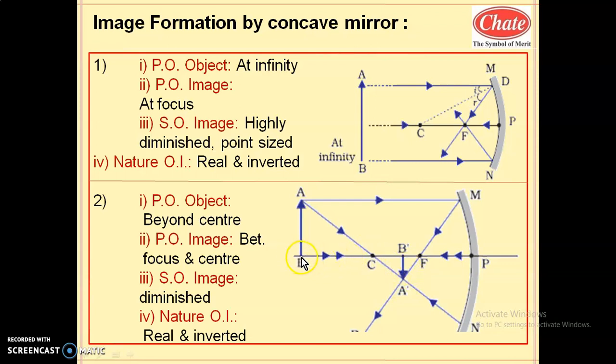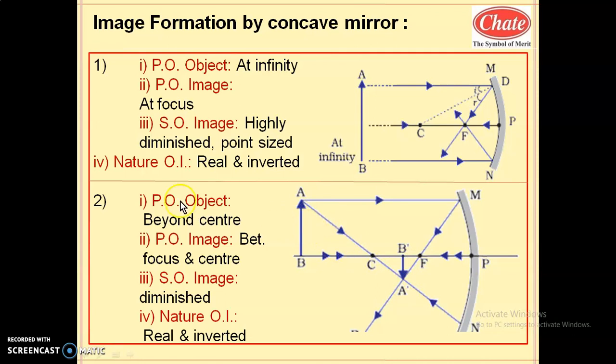The B point here will be incident on the principal axis, and its reflection will be again on the principal axis. Here as angle I is 0, angle R is 0. So this is the reflection of the B point. The reflection of the B point lies along the same line, and the reflection of the A point is here. So here we get A dash and B dash, such that the image is inverted and diminished.